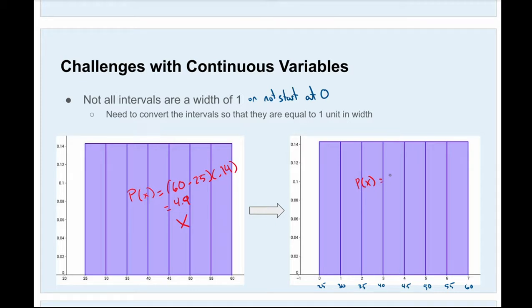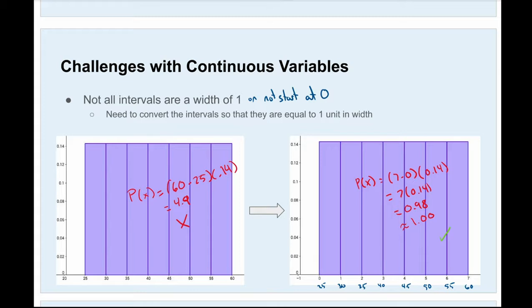Because now when I do it, 7 minus 0 multiplied by 0.14, 7 times 0.14, I get 0.98, but again, it's slightly above, so we can argue that this actually does work out to 1 or 100%.